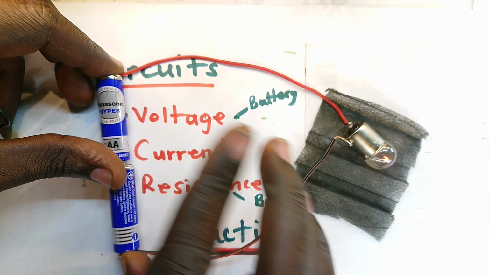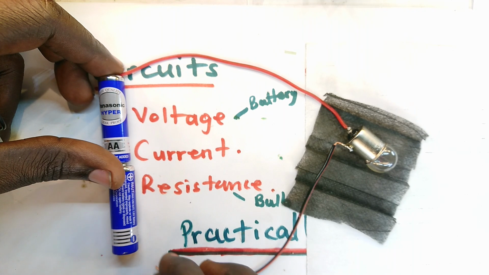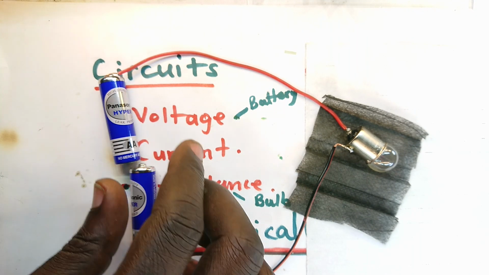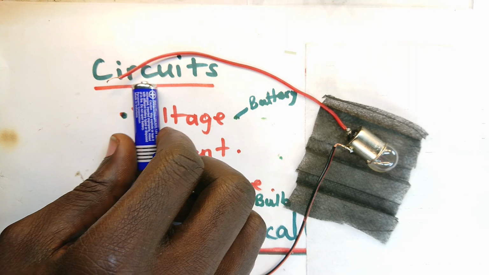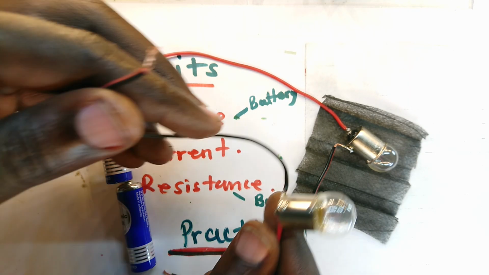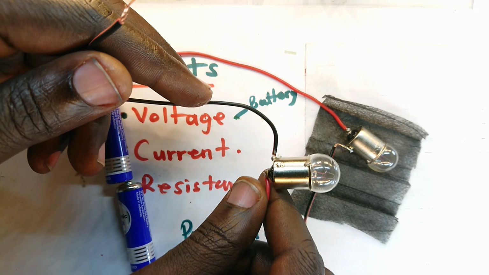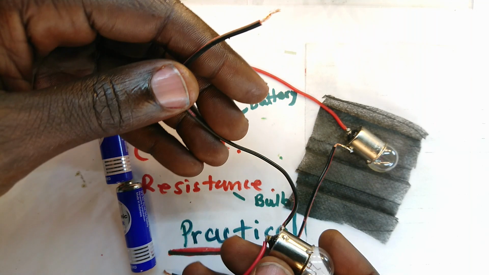So current is flowing through until these cells that are creating the potential difference run out. Now, I have another identical resistance wire, so I expect these two to be of the same resistance value.